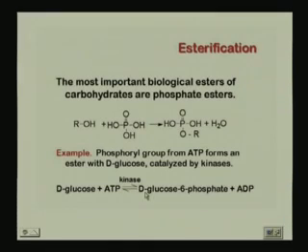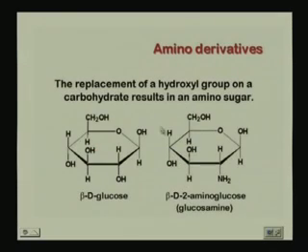Okay? So, we have glucose 6-phosphate and adenosine diphosphate, because it has lost one phosphate to the glucose. Okay? So, this is one sort of reaction we have, and these are the amine derivatives which we mentioned before.